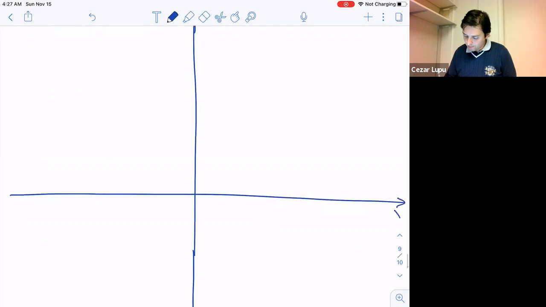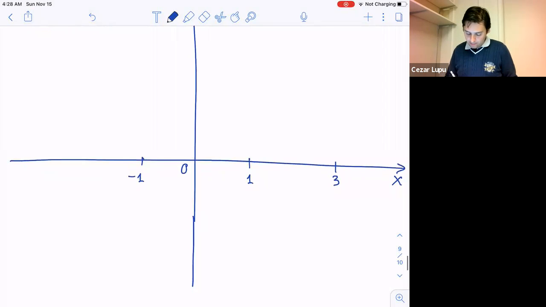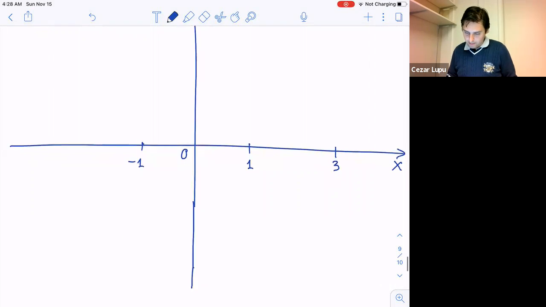Anyway, this is x, y. Now let's see, here I have the point 0. What other points do we have? I have negative 1, and I have 1 here. I have 3. Let me put it here. And then I have negative 10 here.